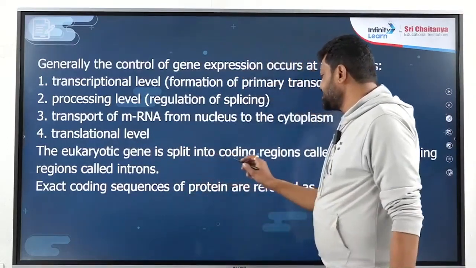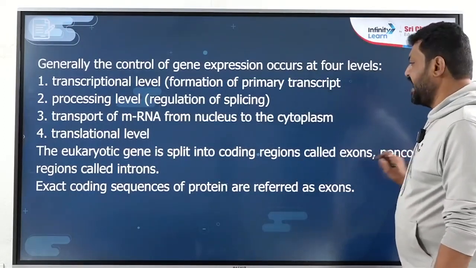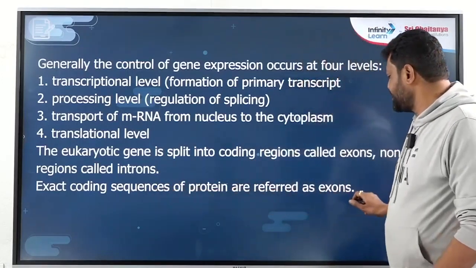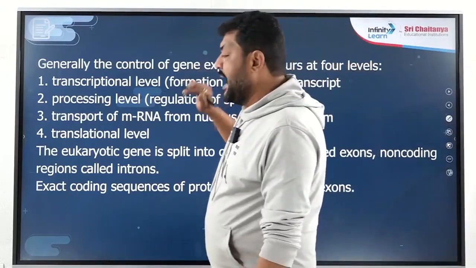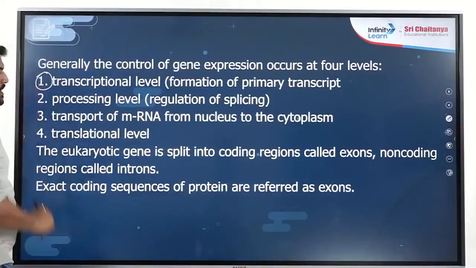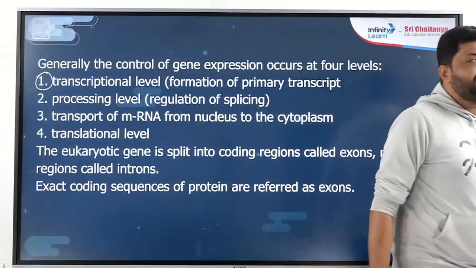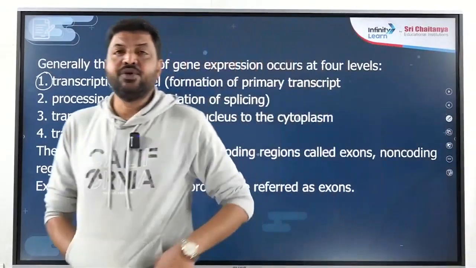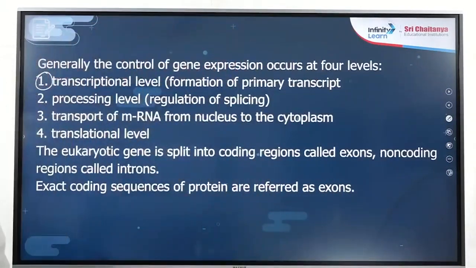Eukaryotic genes are split into coding sequences called exons and non-coding sequences called introns. So these are the 4 levels. And a previous NEET question is this one: the most predominant site of gene regulation is the transcriptional level.